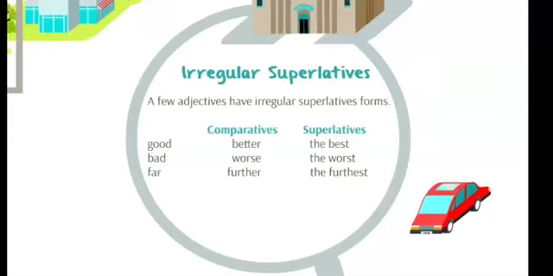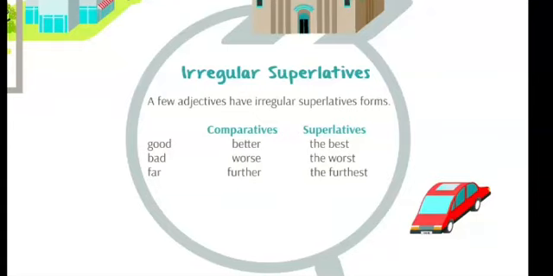Remember, we have irregular verbs, and we also have irregular adjectives. So we have irregular superlatives. A few adjectives have irregular superlative forms. When we compare, if you use the word good as a comparative, this word changes completely: instead of good, you have to use better.